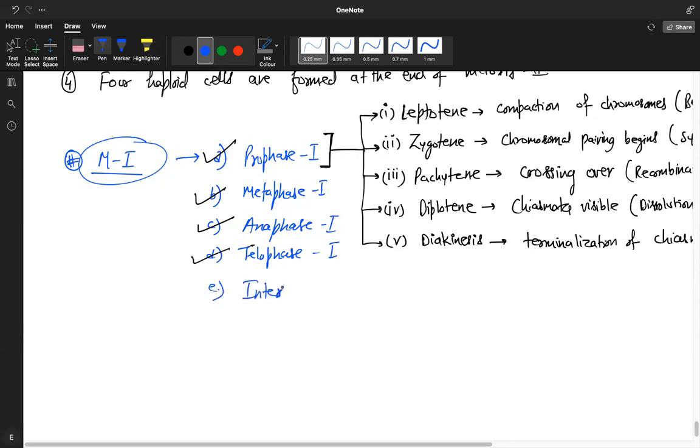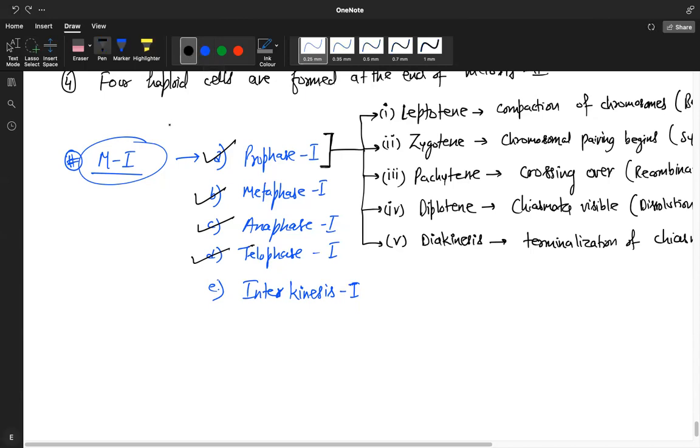The word inter means between, and kinesis means division, right? So between M1 and M2, the division that happens of the membrane is called interkinesis. Okay. Will you remember this?